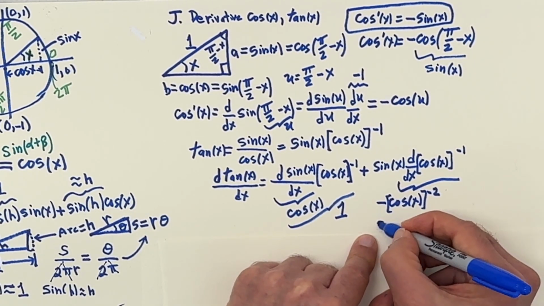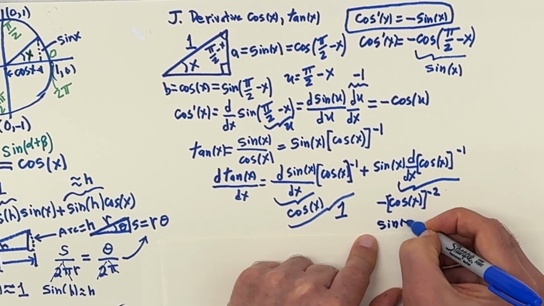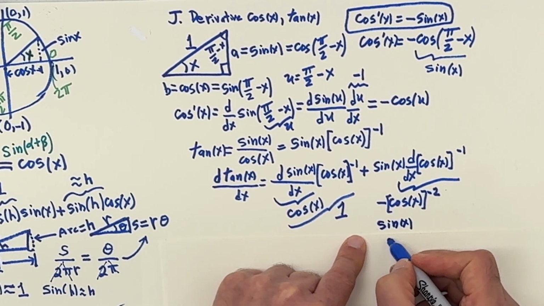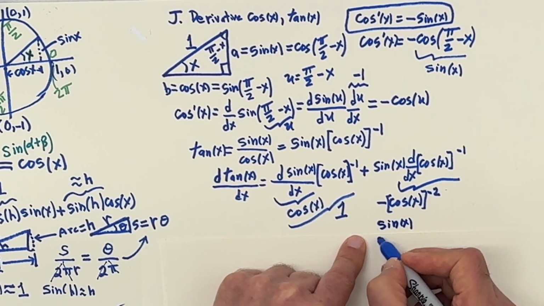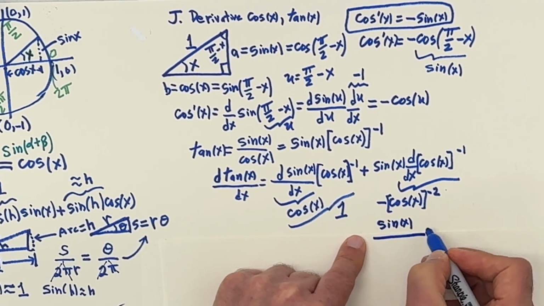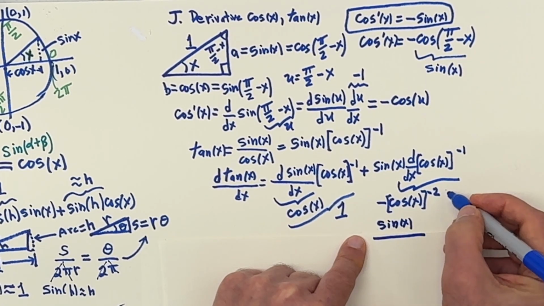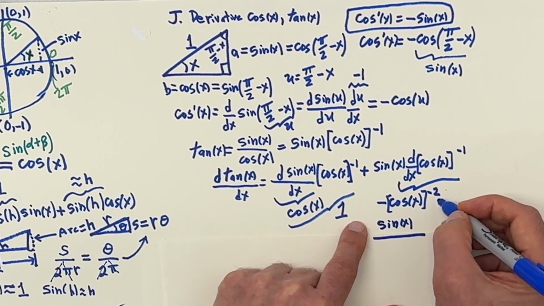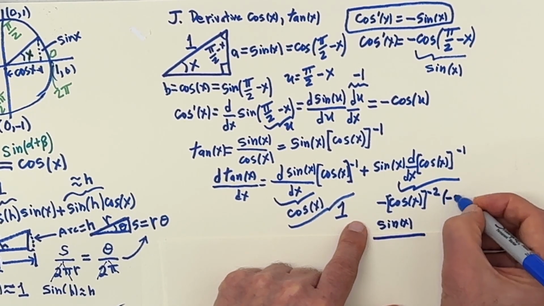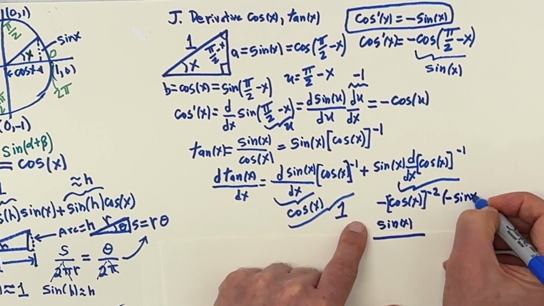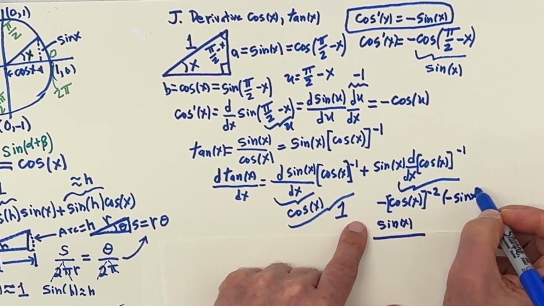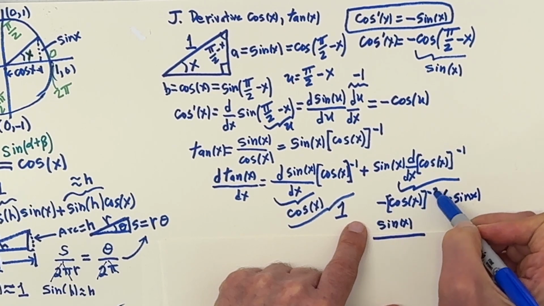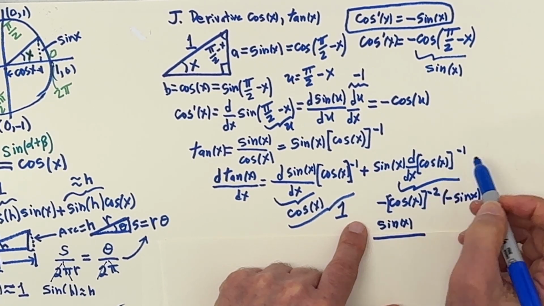as the sine of x, leave that alone, and we'll go ahead and put here a dividing sign like this. And here, what we should do is put that minus sine of x in here, so we do have it completed. So the derivative here, you bring the minus 1 down, cosine of x to the minus 2, and the derivative of what's inside.